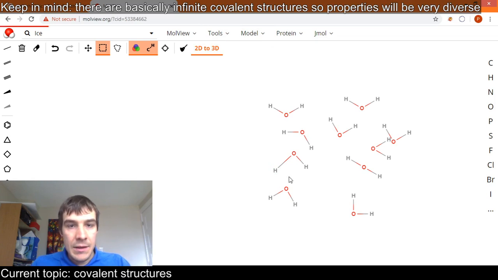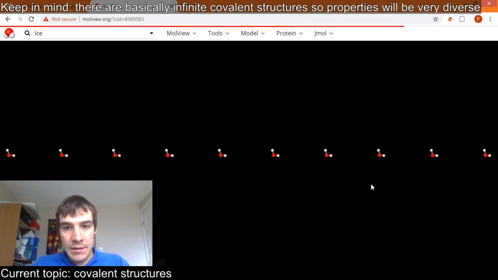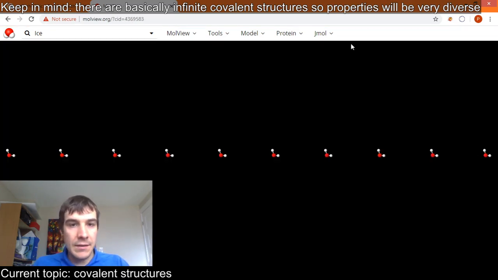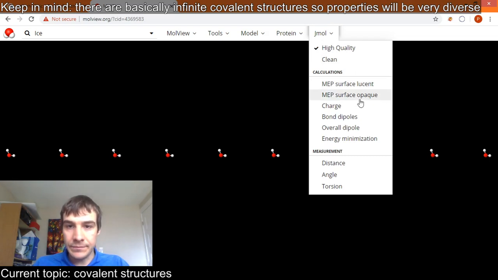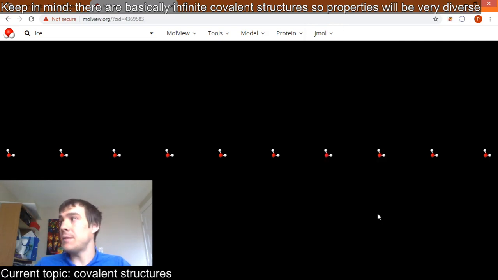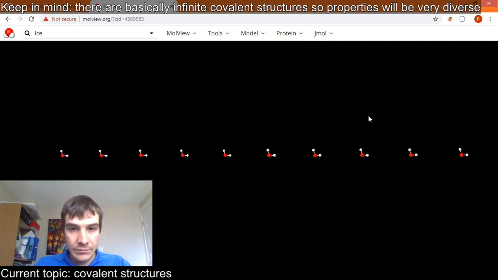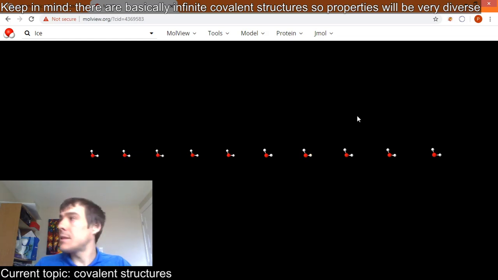Okay, back to 3D. Now we just have about 10 waters, and we'll go energy minimization. Let's see what happens. You can see some of them rotating.